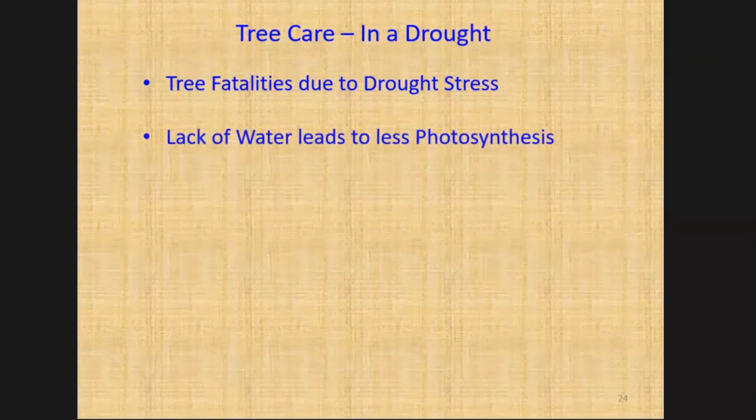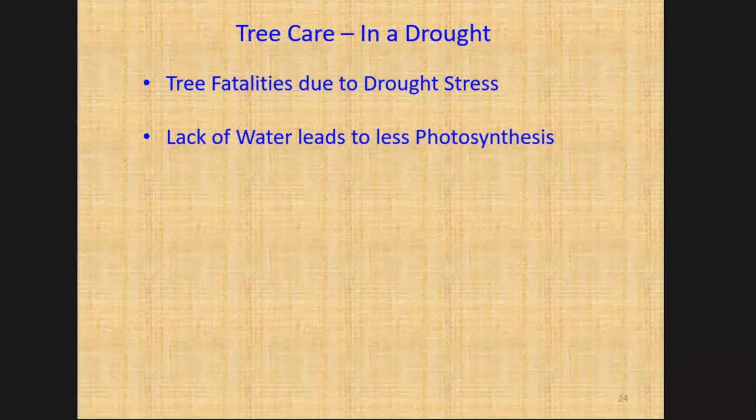So that leads to less photosynthesis. And Debbie, tell me if I get this wrong, but trees need water for the chemical reaction to take place in a tree to produce the nutrients, primarily the sugars, right, that trees need. Once they produce these nutrients, they need that water to transport it up to the leaves and all parts of it.